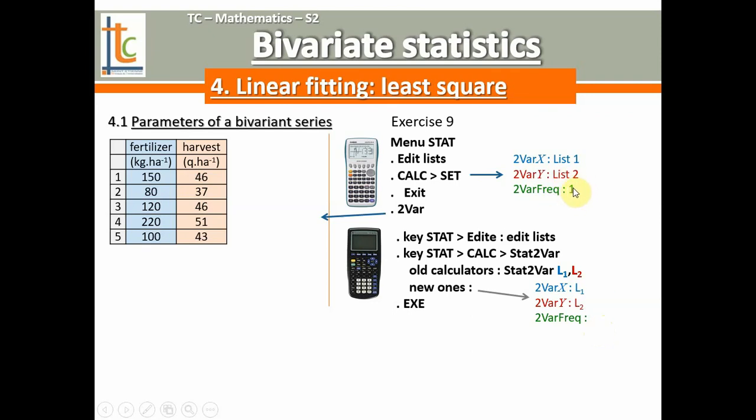Why 1 in Casio? Because if there were a third column mentioning the number of individuals for each pair xy, well, if you've got a list series, you can see that one pair xy corresponds to one individual.